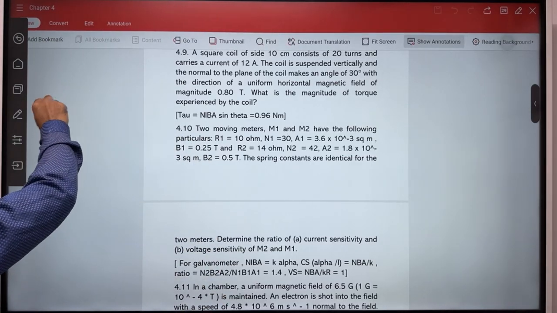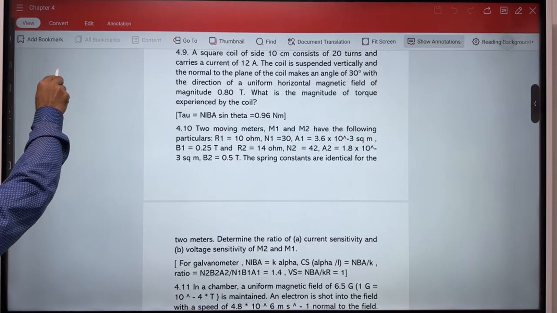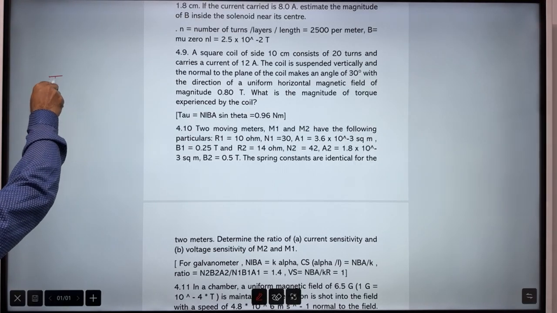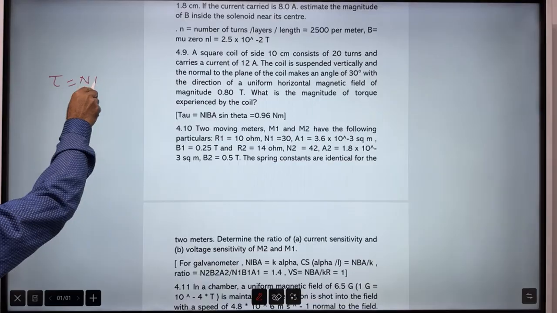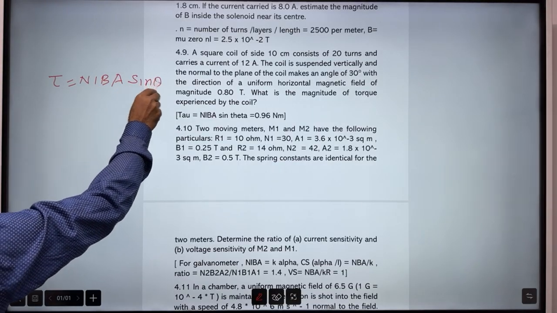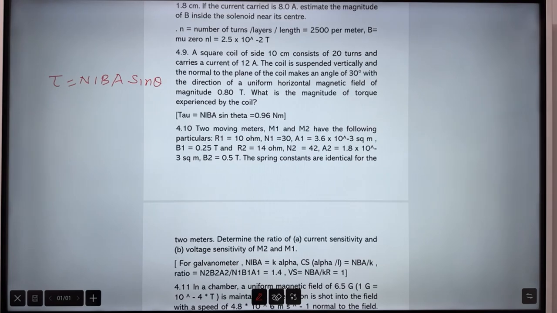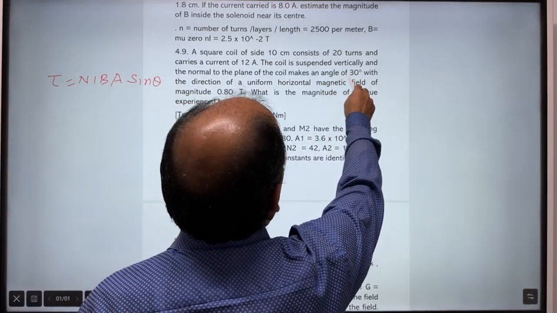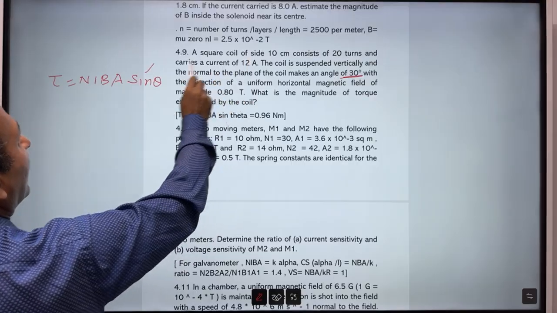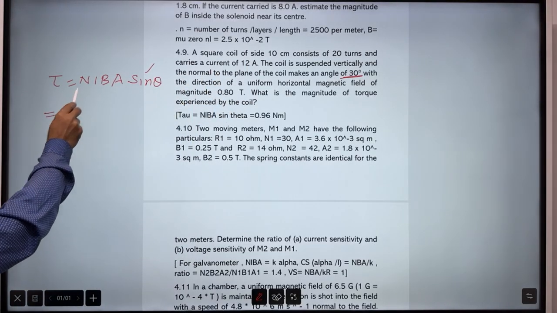So if you remember, when we talk about torque, so we say tau equal to N I B A sine theta, right? Here theta is the angle that normal to the coil makes with the magnetic field. So here angle is given as 30 degree, so sine 30. Other factors are given.